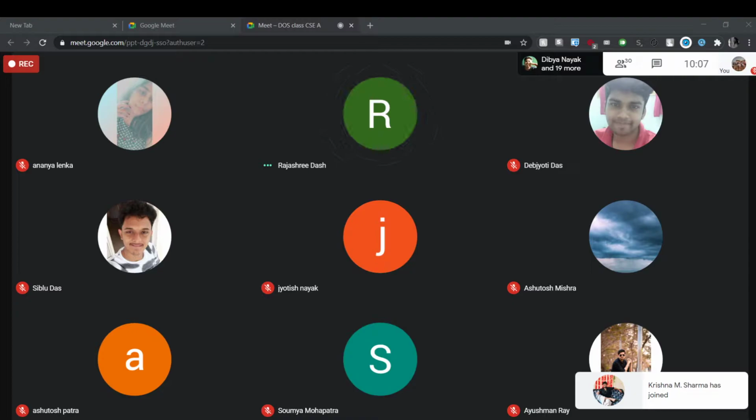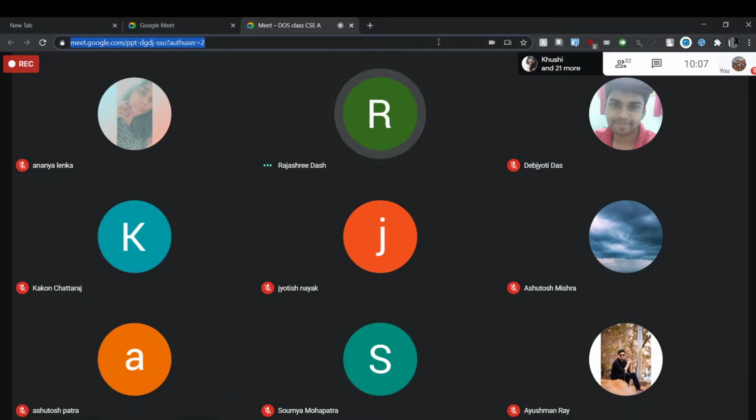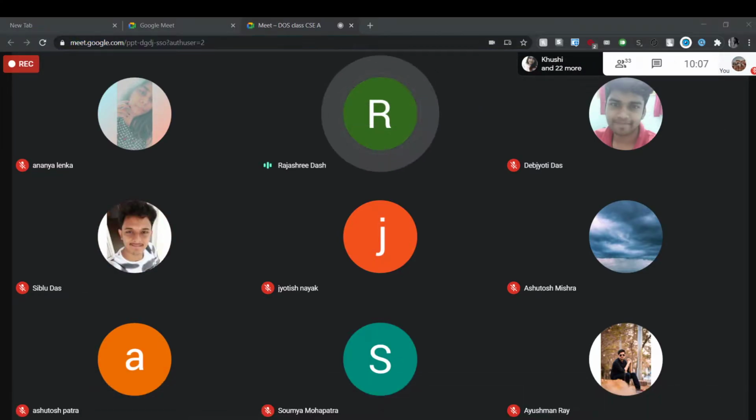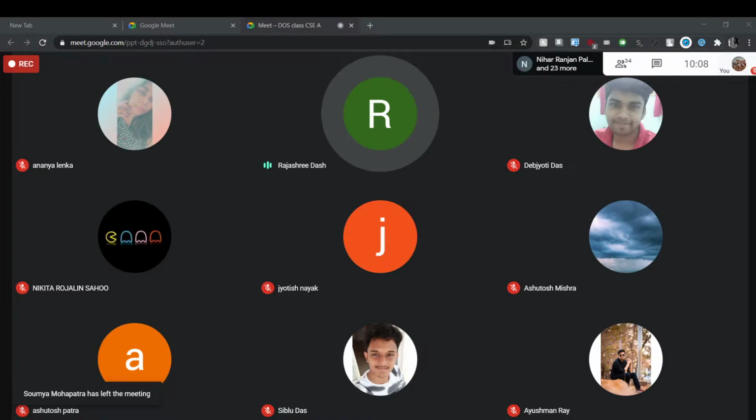So, first of all, listen to what is preemptive or shortest remaining time first scheduling. With preemptive scheduling, when a new process enters the ready queue, the scheduler compares the burst time of the new process with the remaining burst time of the currently executing process.